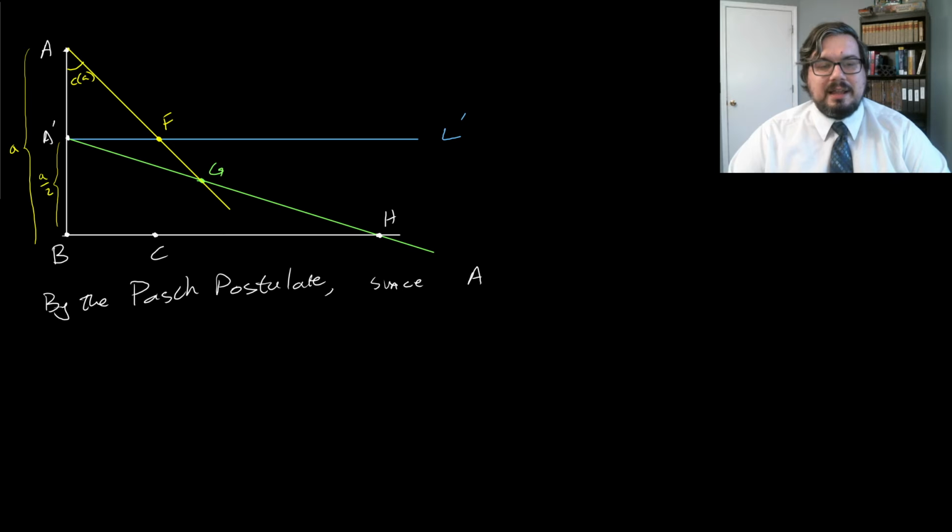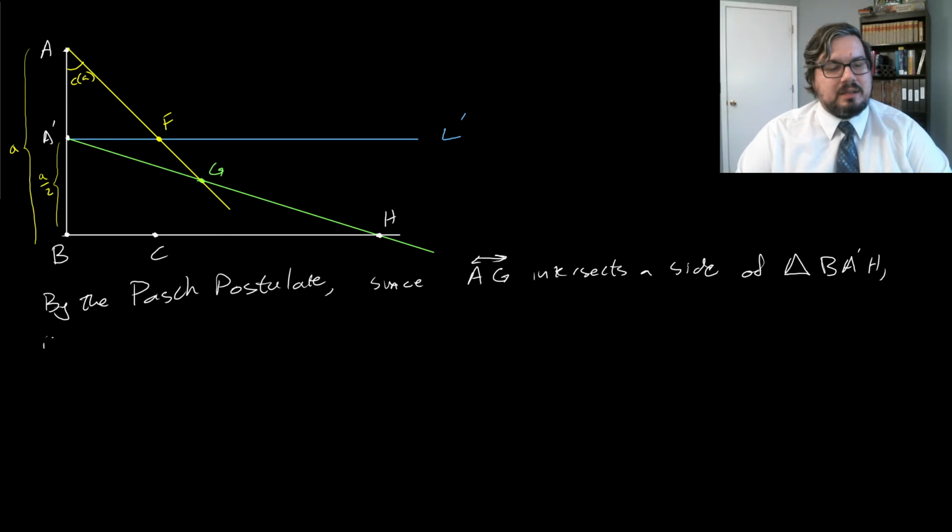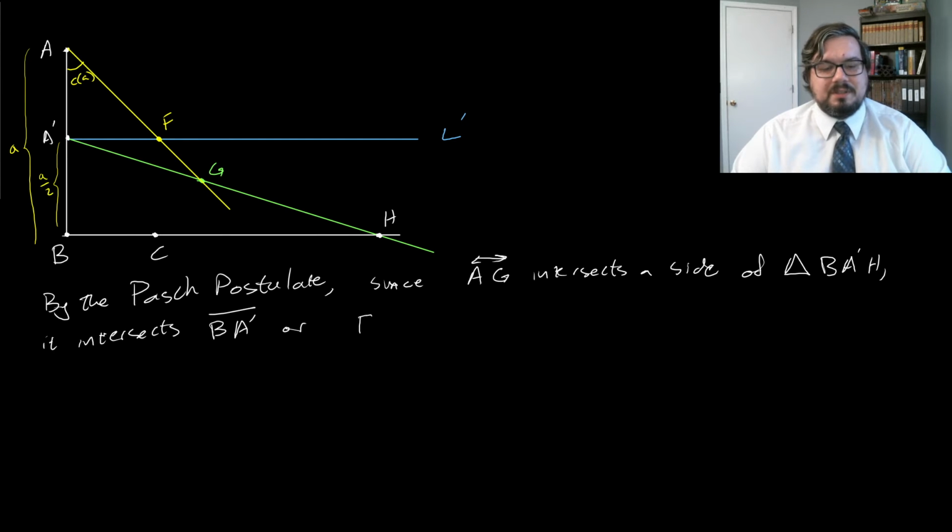Since the line AG intersects a side of triangle BA prime H, it intersects the segment BA prime or the segment BH.